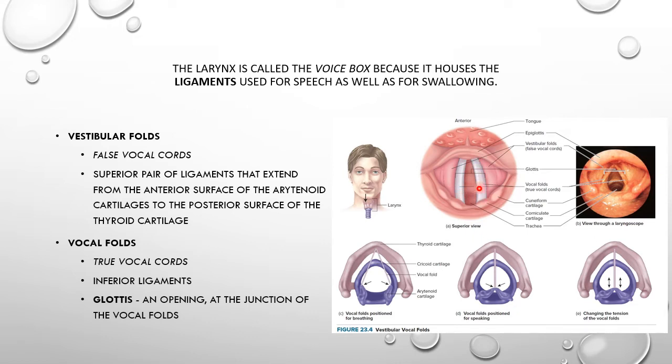So, these are yung vestibular folds or your false vocal cords. They are a superior pair of ligaments that extend from the anterior surface of the arytenoid cartilages to the posterior surface of the thyroid cartilages. Okay? And then your true vocal cords, sila yung nasa ilalim.